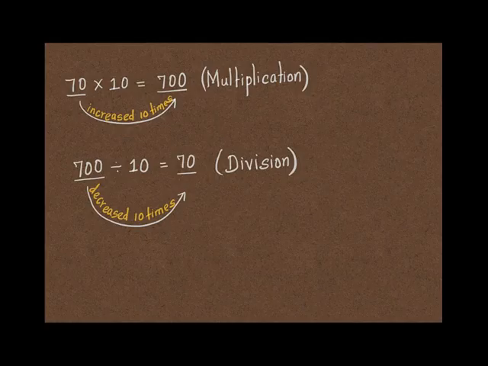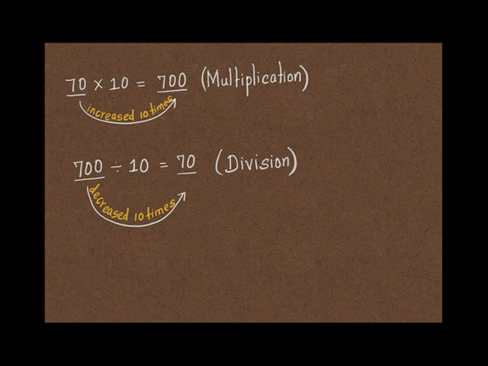70 times 10 is 700. 70, when we multiply by 10, becomes 700. So 700 is 10 times greater than 70. The same way, 700 when divided by 10 becomes 70.